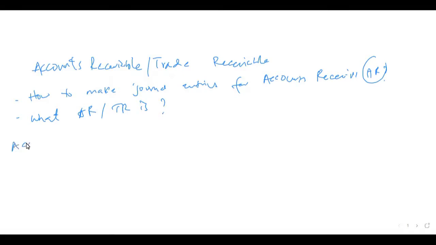So accounts receivable, or AR in short, is basically when a company sells goods on credit.